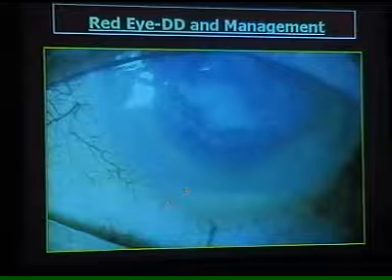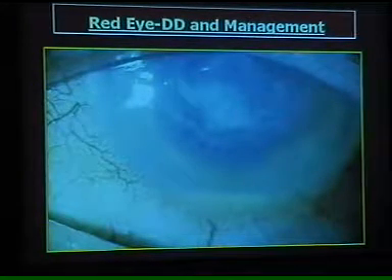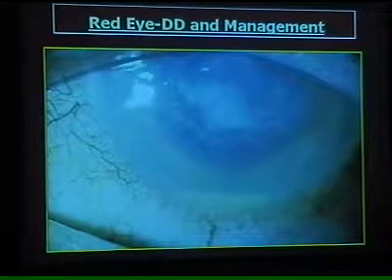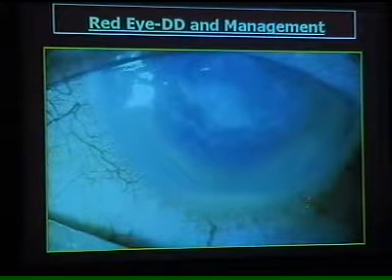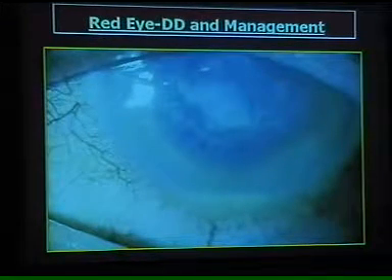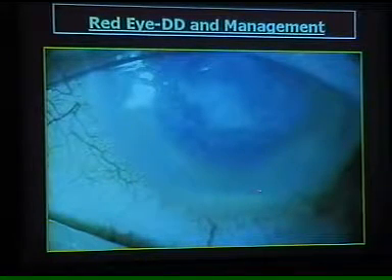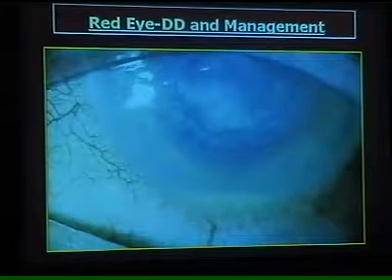Now it is visible as a boat shape with a flat horizontal border. Could be present in inflammatory conditions generally, but in infective conditions we see this reaction in the anterior chamber. Of course, the lesion is in the cornea, the reaction is in the conjunctiva as well, but the reaction is in the anterior chamber as well.